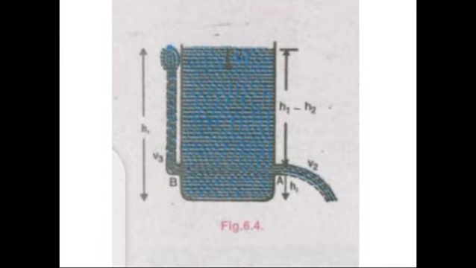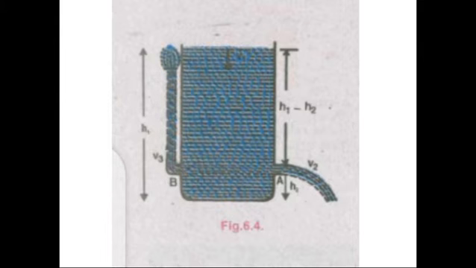focus on this diagram. There is a tank, you can see in the diagram, and in this tank there are two orifices, small holes. Hole number 1 is represented by A, and the second hole is represented by B. In this topic, these holes are given the name orifices. Orifices means small holes. The upper portion of this tank is completely filled with a fluid like water.